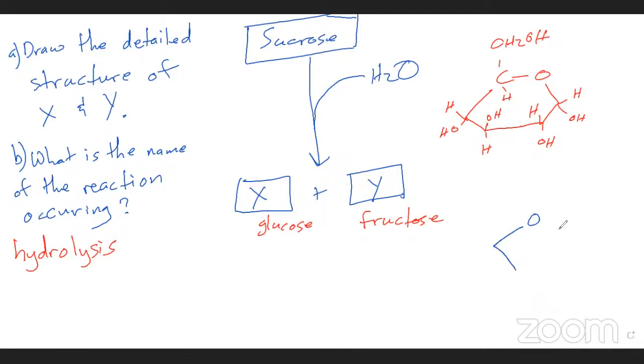This goes here, this goes here, this goes here, this goes there. All right, so this is carbon 1, carbon 2, carbon 3 is here.